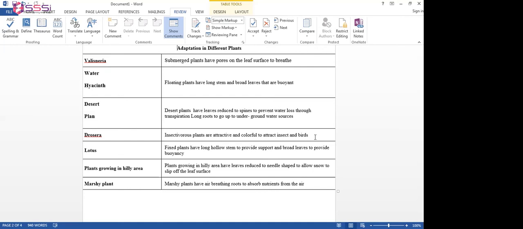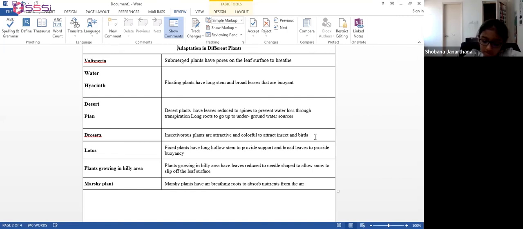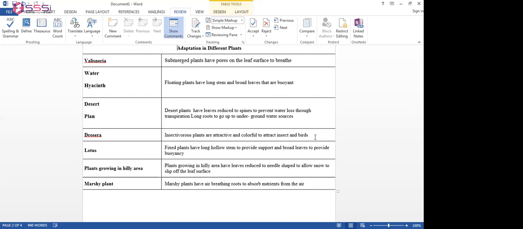The stem of the lotus is hollow to provide support, and broad leaves to provide buoyancy. Same as water hyacinth, we have broad leaves in lotus also. Okay, ma'am. One second, I'll just write about lotus. The stem is hollow in case of lotus.